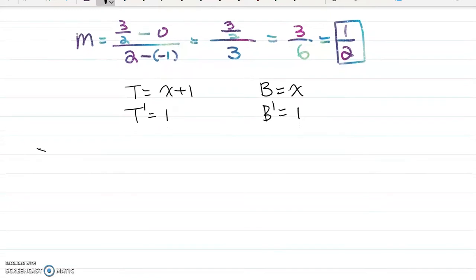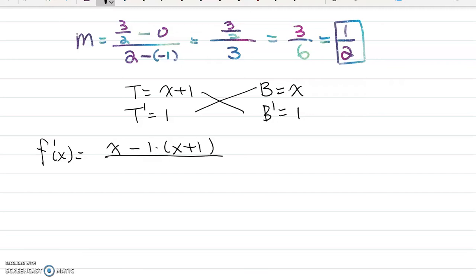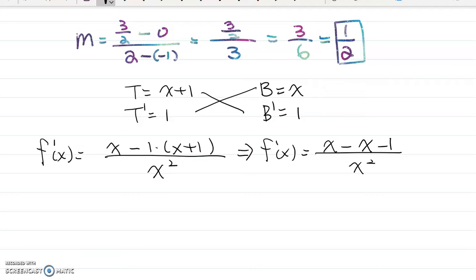Therefore, f'(x) becomes, in this direction first, (x minus 1 times x plus 1) over x squared. Then this becomes f'(x) equals (x minus 1) over x squared. As you see, these two canceled out. Therefore, we have f'(x) equals negative 1 over x squared.